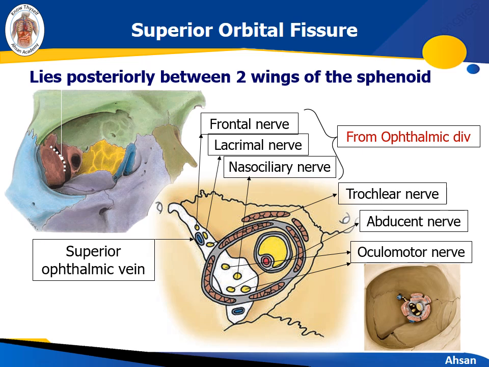This is the superior ophthalmic vein that passes through the upper part of the superior orbital fissure, and below the ring the inferior ophthalmic vein passes through the superior orbital fissure. So these are the structures passing through the superior orbital fissure, also explained in relation to the tendinous ring.